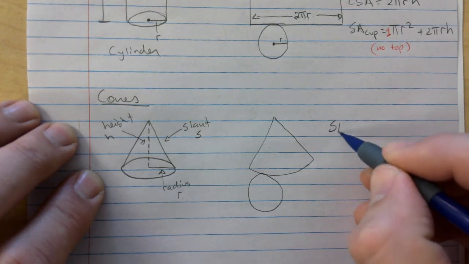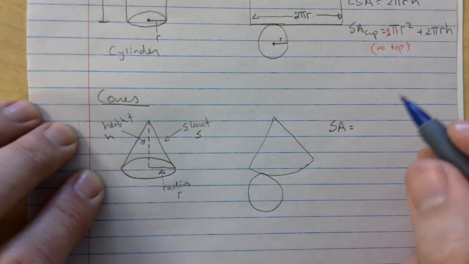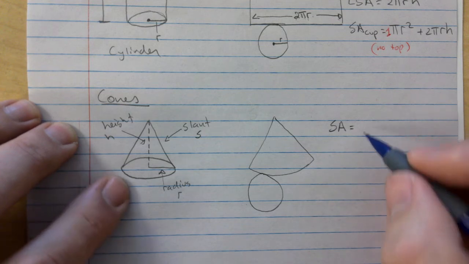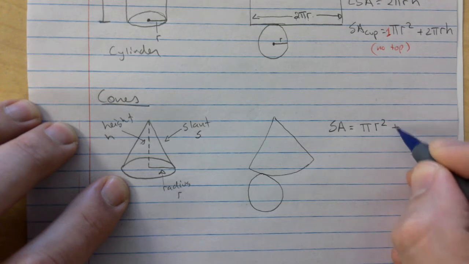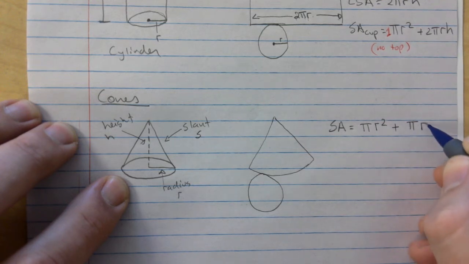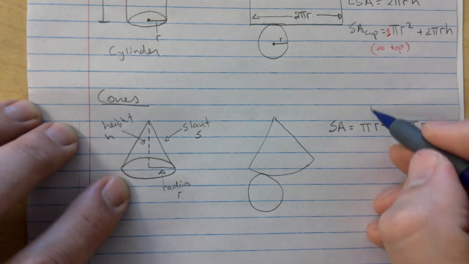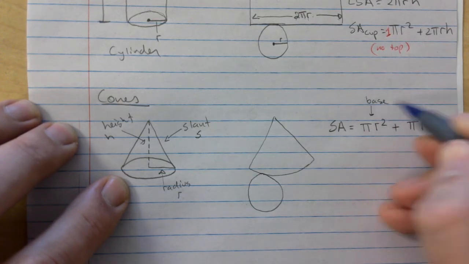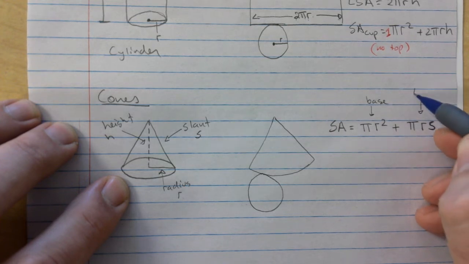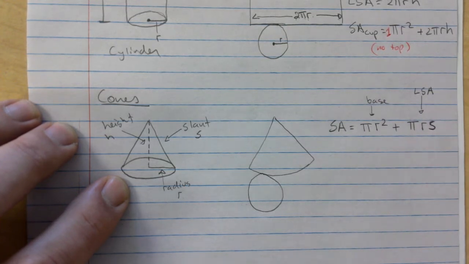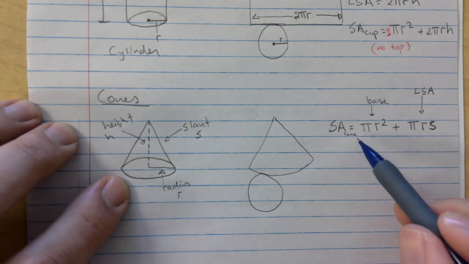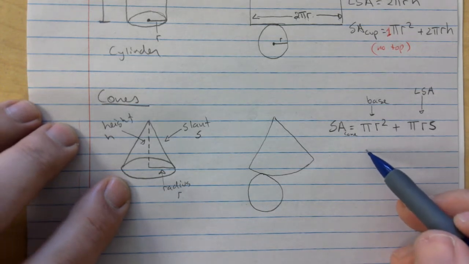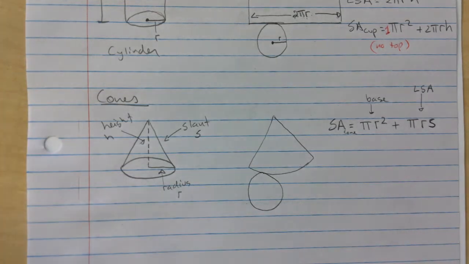So surface area of a cone would be pi r squared plus pi times radius times slant. Okay, this is the base. This would be considered the lateral surface area. And I should say that this is for a cone, right? Also given to you in the formula sheet. They just reverse the order.